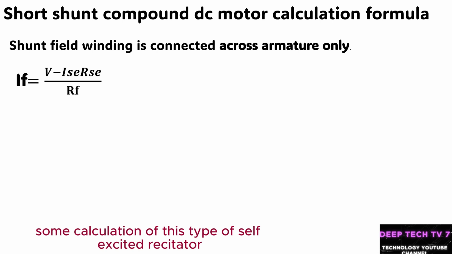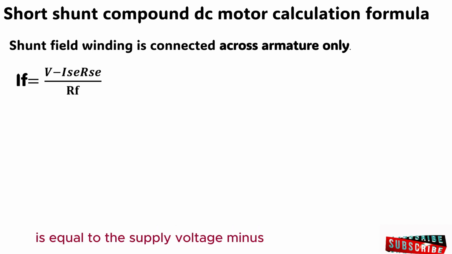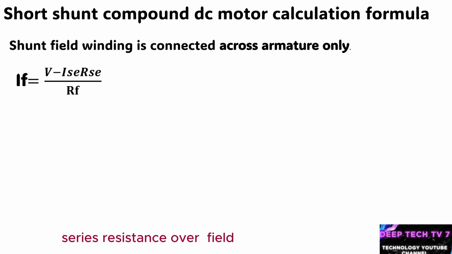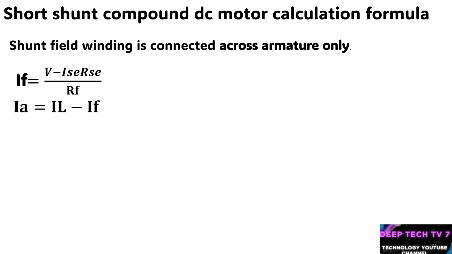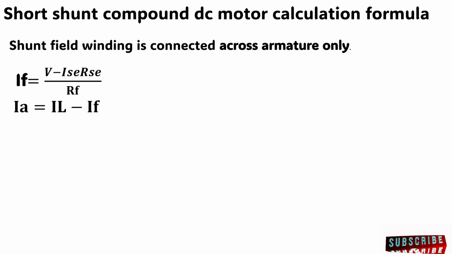Some calculations of this type of self-excited DC motor are: field current is equal to the supply voltage minus series current times series resistance over field resistance. Armature current equals the supply current minus field current.